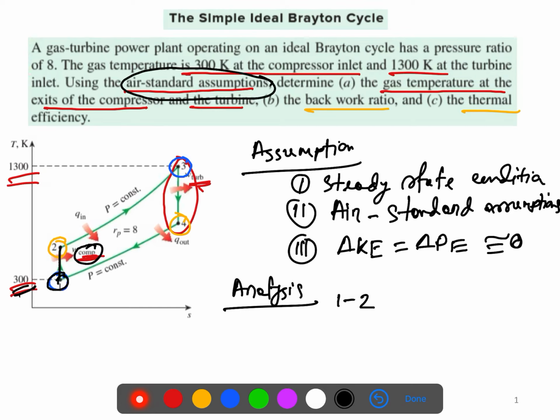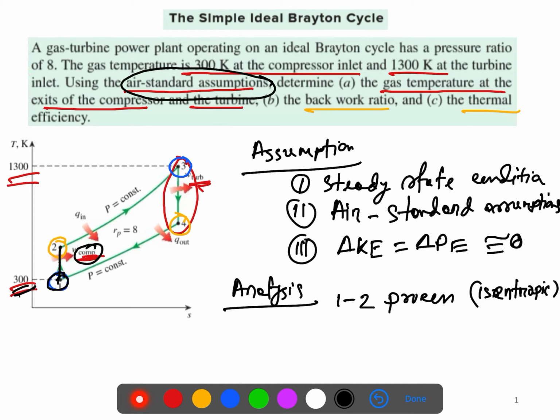So process 1 to 2. You can see it is a vertical line. So we can say it is an isentropic process, right? Yeah, so this is an isentropic process. An isentropic process means no change of the entropy.